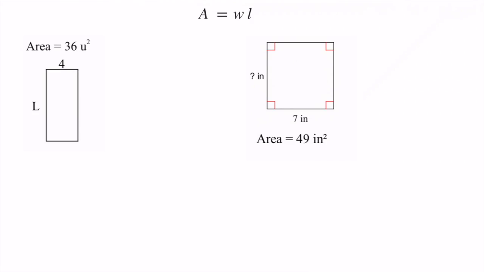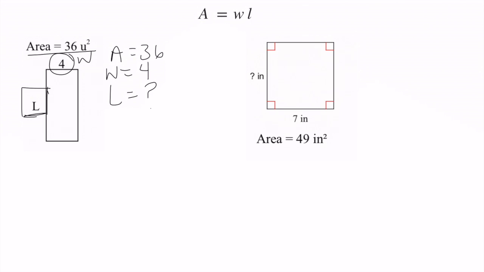All right, so the same thing in this one. We have the area and the width, but we don't know our length. So we have area equals 36, width equals 4, L equals, we don't know. And the reason I write it out like this is so that it makes more sense. We have a nice organized way of looking at everything. So then I just plug it into this area formula.